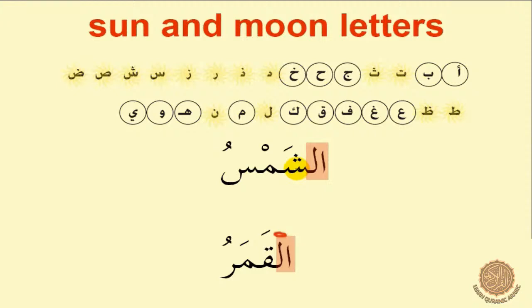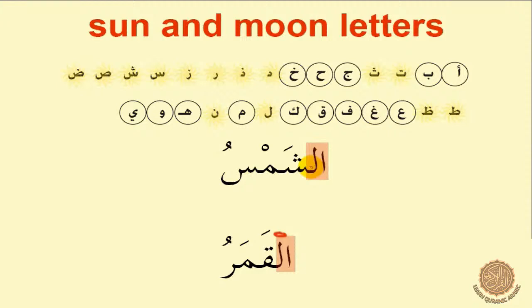So we say Al, Al, with a Fatha, Al, Al. And do the same thing with the Sheen. Ash, Ash. The actual points of articulation of the Lam and the Sheen are very close to each other. And because they're very close, what happens is this Lam is not pronounced.